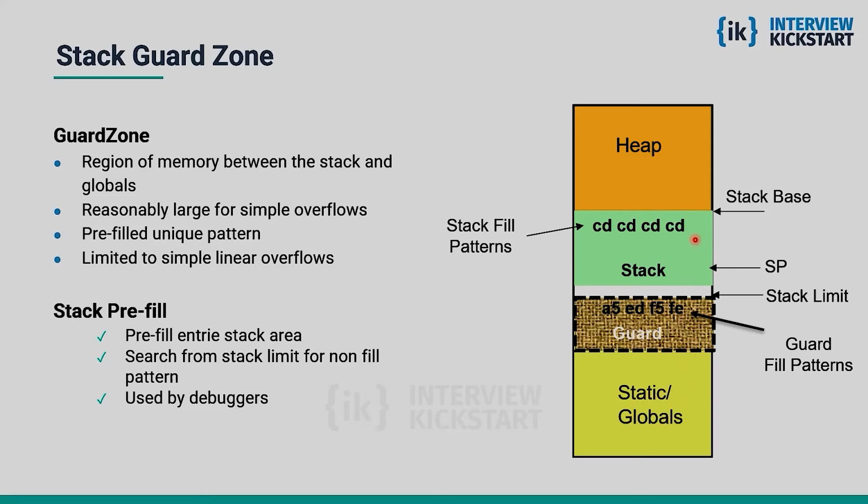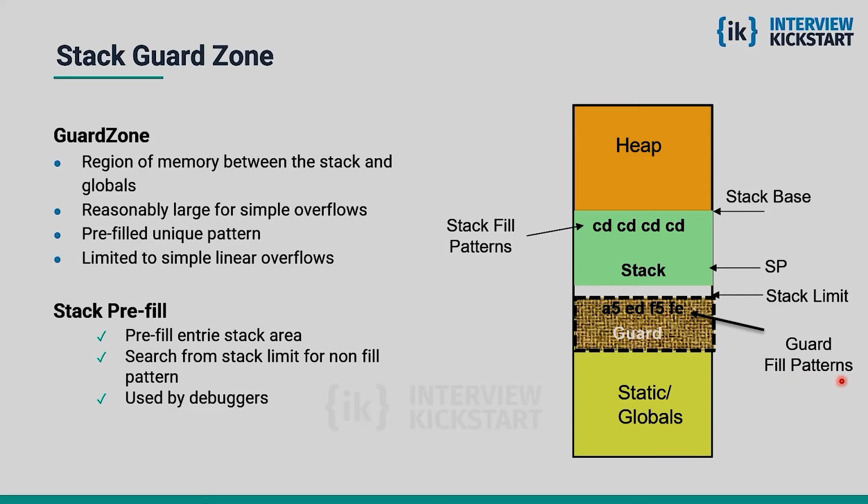It does not help basically to just have a guard region without knowing whether the guard region was actually disturbed by the stack overflow. Whether stack overflow happened or not, one needs to know. So in order to do that, it is typical to fill the guard region with a predetermined pattern, which is not typical for any program to use.